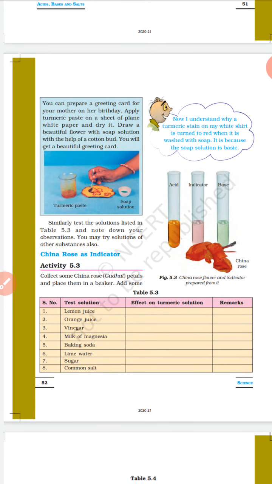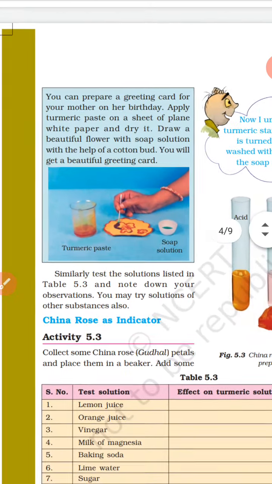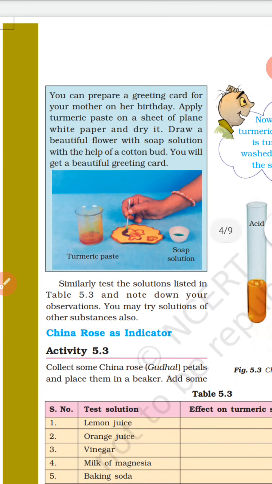This chapter will be completed in this video because there are experiments in it, so that would be easy to do. Now you can see over here, this is also an experiment with the China rose. You can prepare a greeting card for your mother on her birthday. Apply turmeric paste on a sheet of plain white paper and dry it. Draw a beautiful flower with soap solution with the help of a cotton bud.